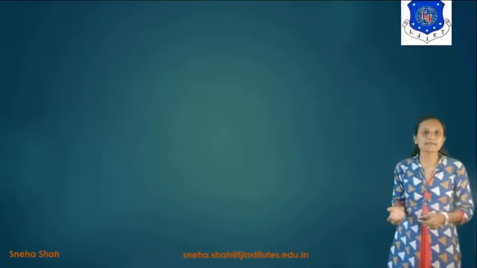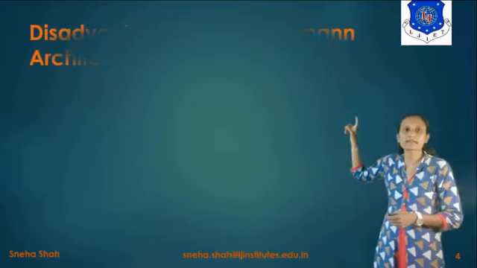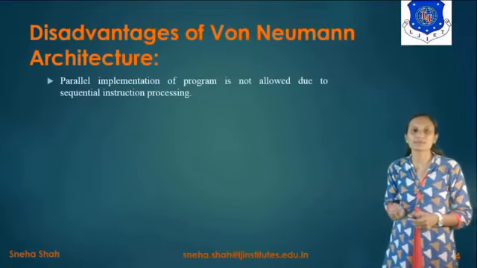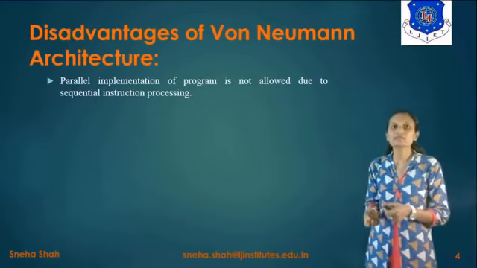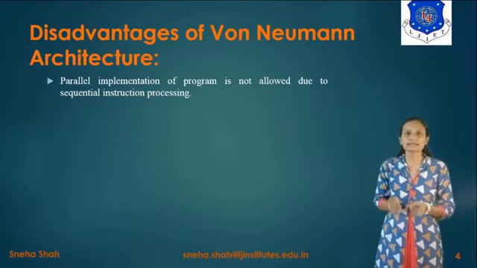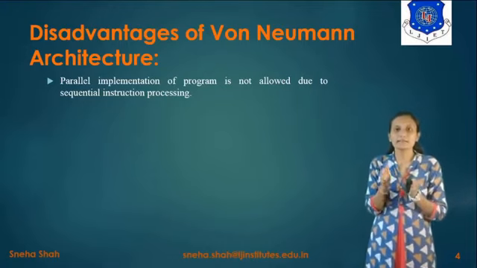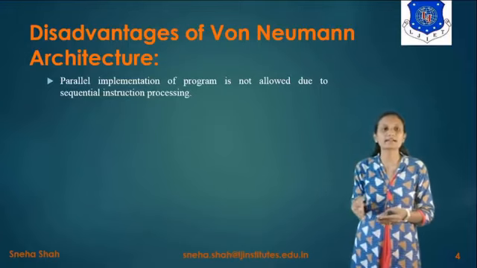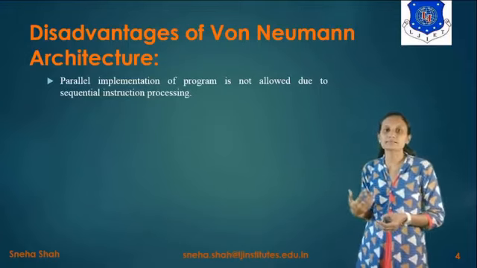Now there are some disadvantages of it. The first disadvantage of the Von Neumann architecture is that parallel implementation of a program is not allowed due to the sequential instruction processing. As I told you, we use a single memory location for the data as well as for the instruction, so we can't fetch both things in parallel.